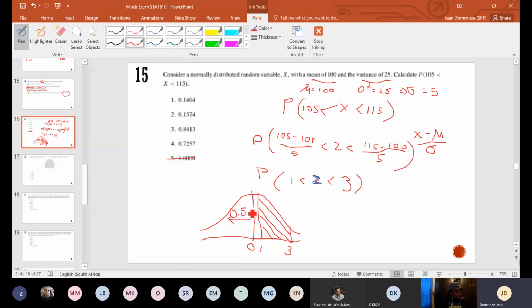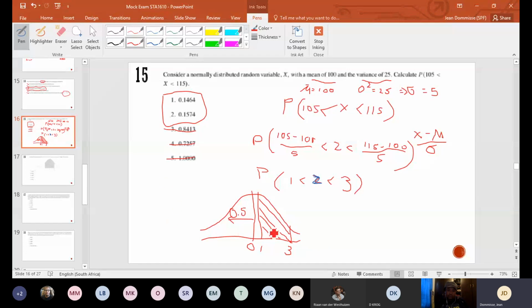So Z of 0 makes that part also 0.5. So it needs to be less than 0.5. So it can't be one of those two. If we needed to guess, we can guess one of those two, and it is very close to one another. So let's work it out.